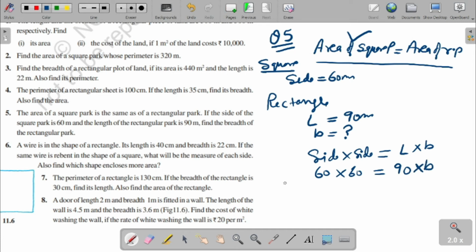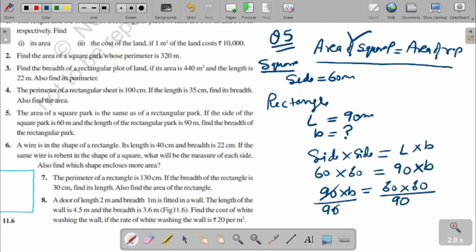Now we can write this as 90 into B equals 60 into 60, or we can divide both sides by 90.